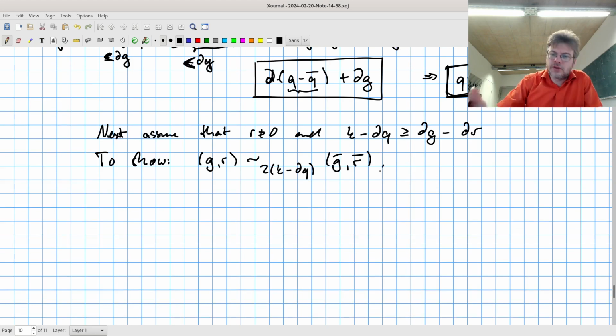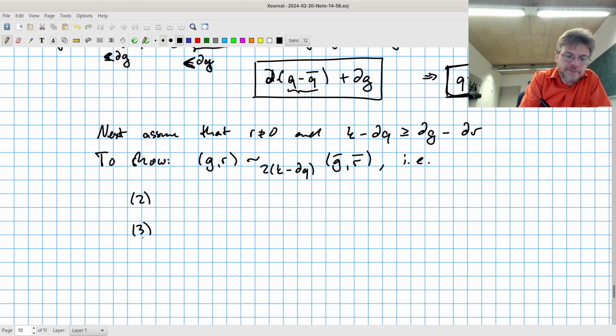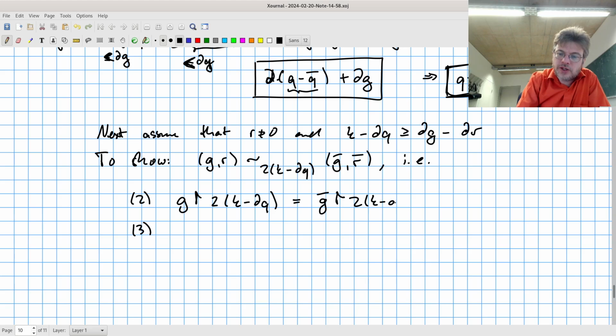And this means, yeah, there are 2 things to show. Let's call them 2 and 3. And the second says that g chop 2k minus degree q is equal to g bar chop 2k minus degree q.